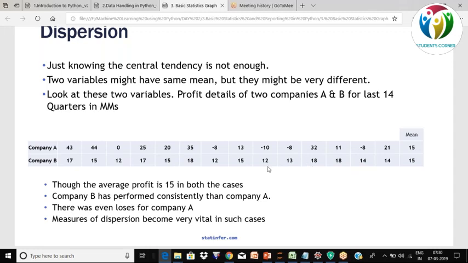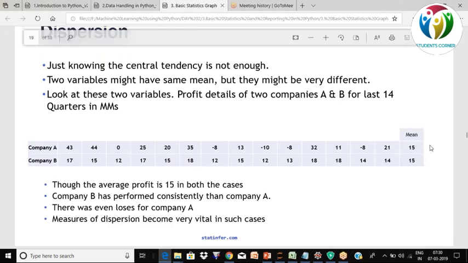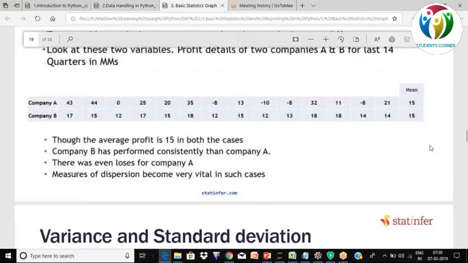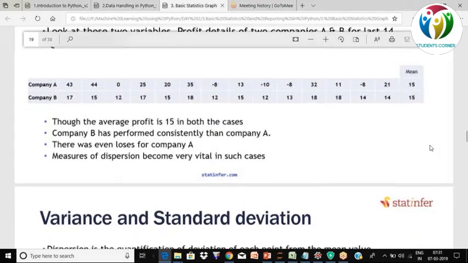If you just go by the average, you cannot take a call, because by looking just at the mean, we cannot arrive at a decision saying this is good or this is bad. So we have to go by a different approach. That's why we have to learn variance and standard deviation.